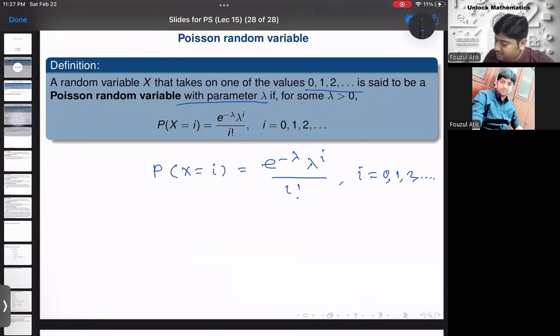So if some random variable follows this distribution, this probability mass function, then you call it a Poisson random variable, right?